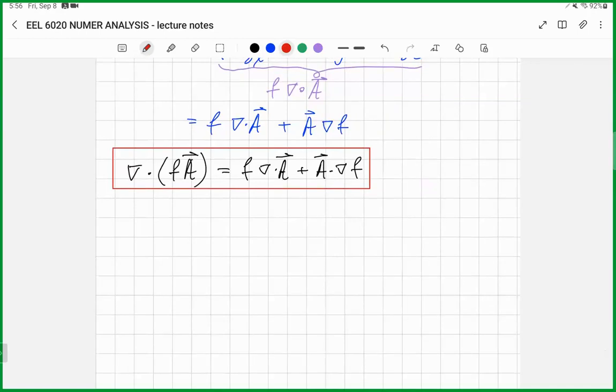This is the first problem we have considered: the divergence of the product of a scalar function and a vector function is equal to the sum of the scalar function times the divergence of the vector function, and the vector function dotted with the gradient of the scalar function. And even more important is problem number 2.